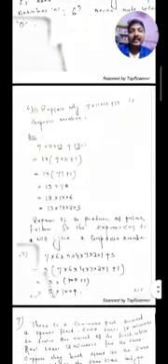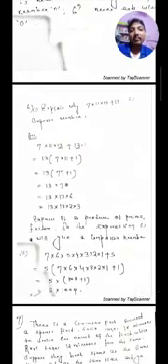Then question number 6: explain why 7 into 11 into 13 plus 13 is a composite number.